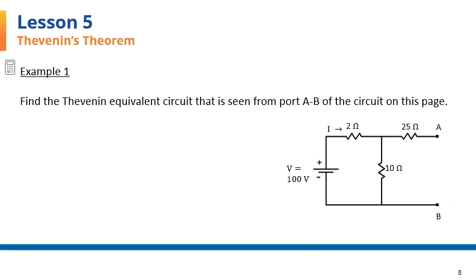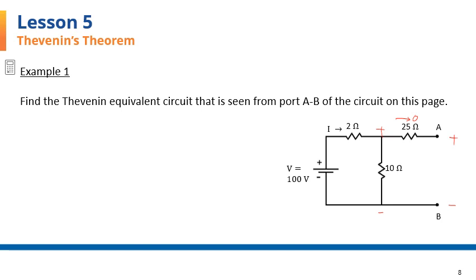The voltage across the 10 ohm resistor appears without change between points A and B because with AB open, no current flows through the 25 ohm resistor. The current through here will be 0, so all of the voltage drop across the 10 ohm resistor will show up at points A and B, or at terminal AB. Therefore, all that's needed is to find the voltage across this resistor.